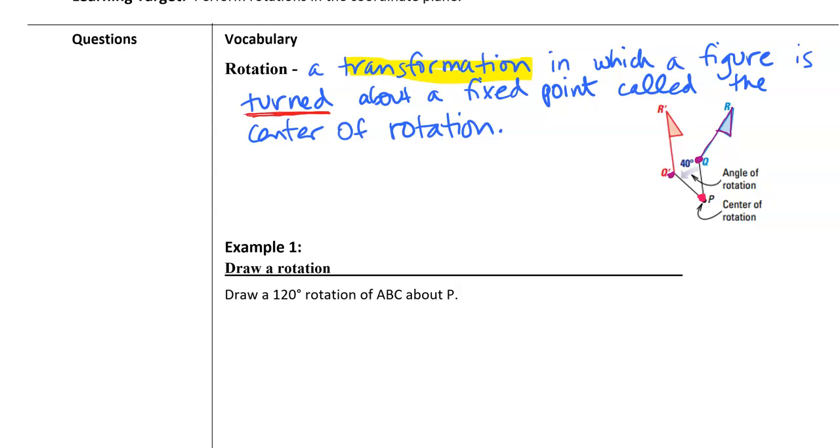If you were to draw a segment and connect the pre-image to the center, and then the image to the center, and measure this opening, this right here is the 40-degree angle. It's hard to see unless you draw that. The other thing that's true about rotations is this distance and this distance have to be the exact same from the center. So those segments will be congruent.